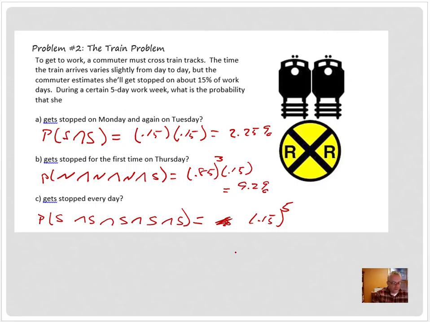When I do 0.15 to the 5th, I get, it's very small. 0.0000076, which is 0.0076% chance. All right, so it's not very likely that she's going to get stopped 5 days in a row. So that's fortunate. That'd be a rough week.